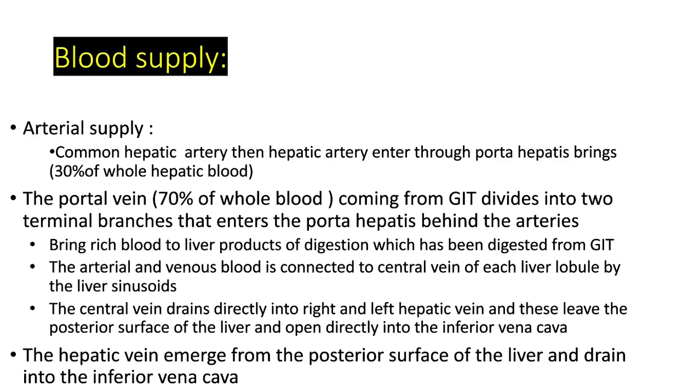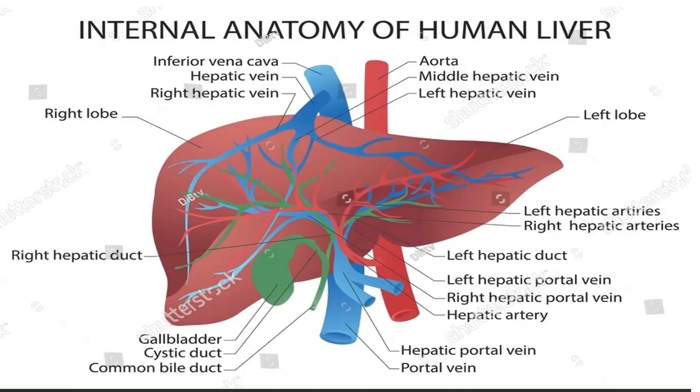The arterial and the venous blood are connected to the central vein of each lobule by the liver sinusoids. The central vein drains directly into the right and the left hepatic vein. These lead to the posterior surface of the liver and open directly into the inferior vena cava. The hepatic vein emerges from the posterior surface of the liver and drains into the inferior vena cava.